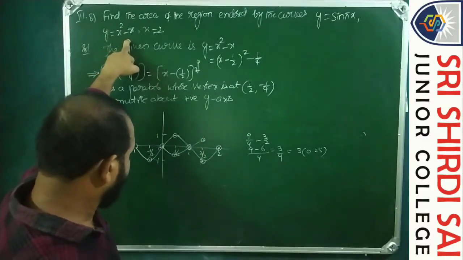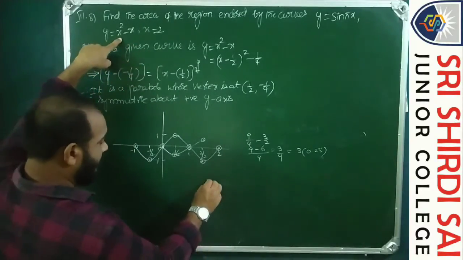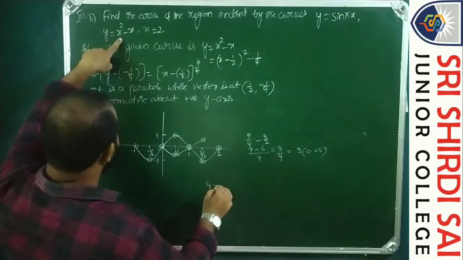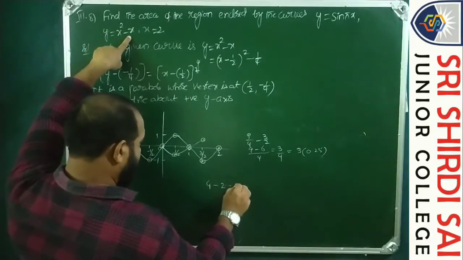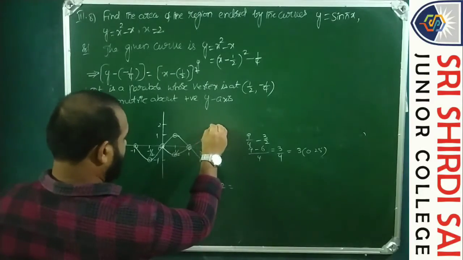Next, after 3/2, 2: you substitute, 2² is 4 minus 2, that is 2. So this is 2 here.